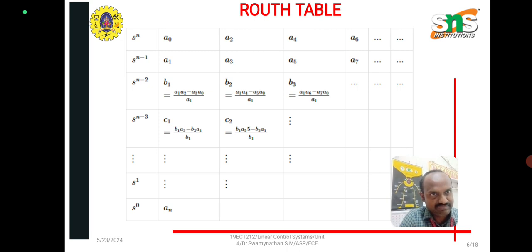Next, s power n minus 2: look at b1, the first column, which is always a constant. b1 equals a1 a2 minus a3 a0, divided by the first column element a1. The next, b2, is a1 a4 minus a5 a0, divided by a1. The same for b3, and then c1, c2, and so on, down to s power 1 and s power 0.